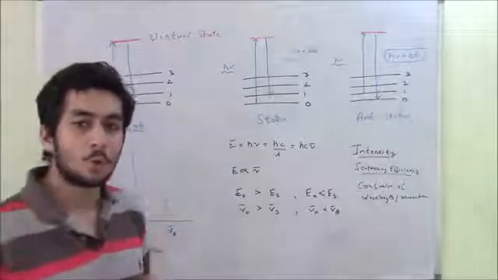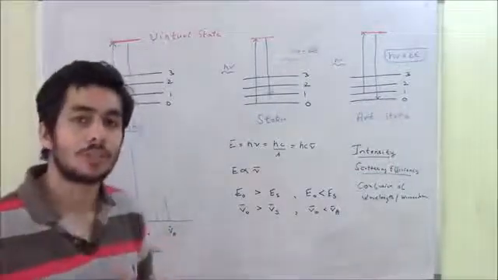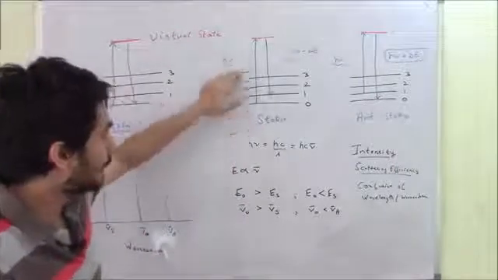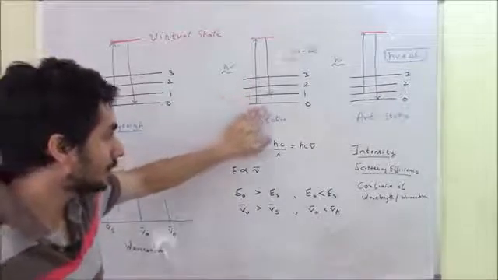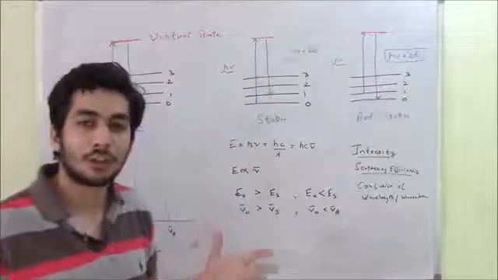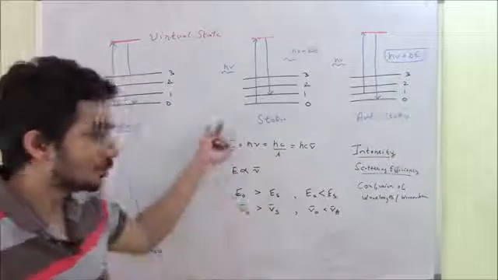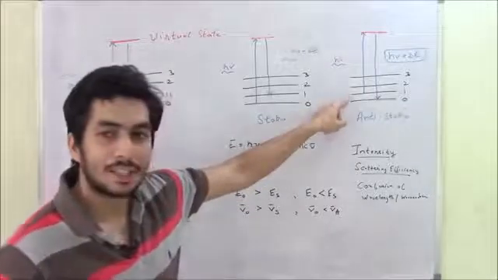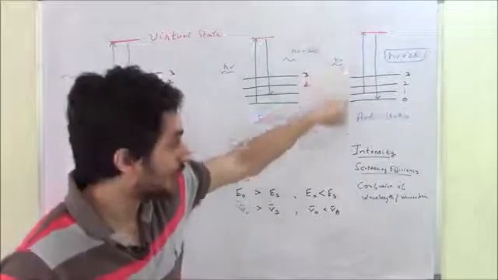But if we compare Stokes and anti-Stokes at room temperature, from the ground state the molecule gets excited to the virtual state and then returns to the first excited state. The number of molecules in the ground state at room temperature is going to be much more, so that is why the Stokes line is intense. Whereas in anti-Stokes, the molecules from the first excited state are returning to the ground state.